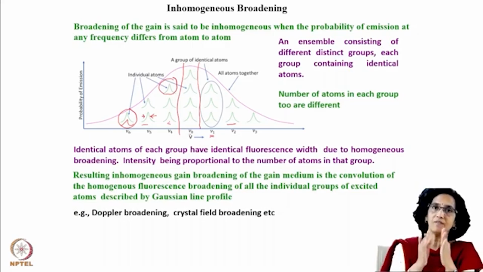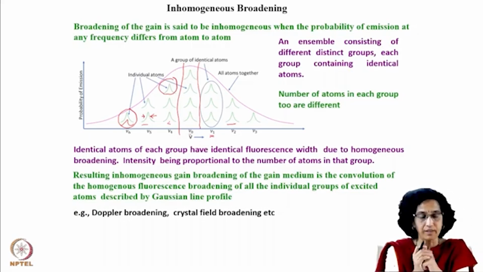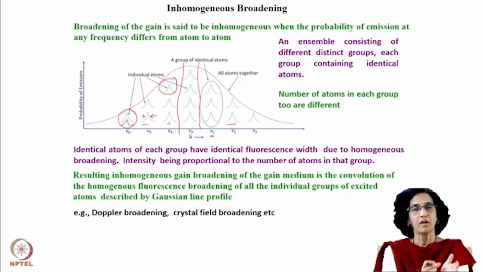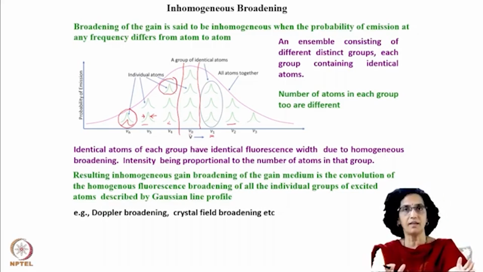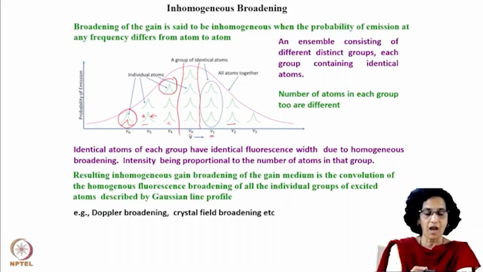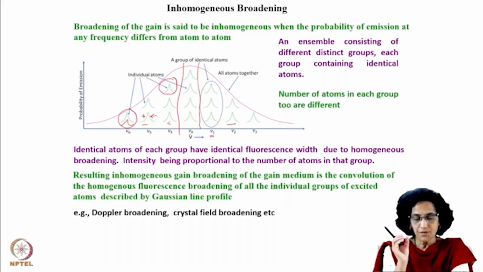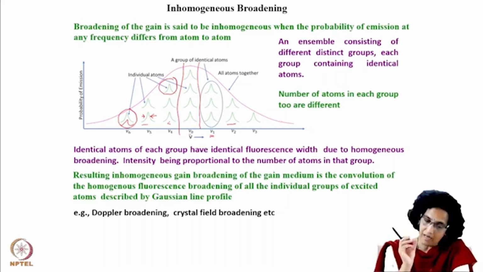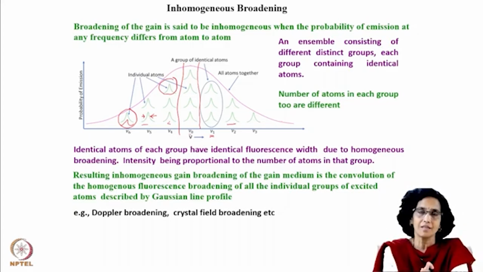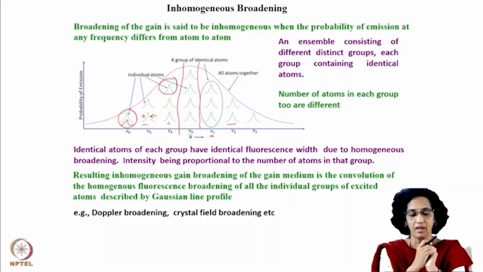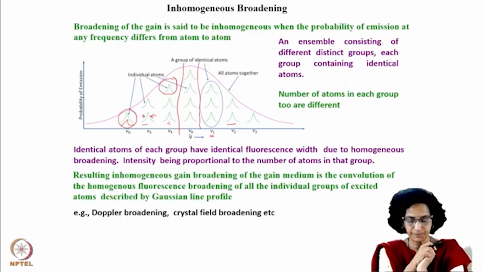And therefore, there is a group which has a similar emission profile or fluorescence width. But altogether, when you see the entire ensemble, you see that there are different groups. And the total emission width of that ensemble is a resultant of a combination of all this, which is given by this outer profile. So here we can understand that the species in this particular ensemble are not identical with respect to their emissions. And therefore, this kind of broadening is called inhomogeneous broadening.